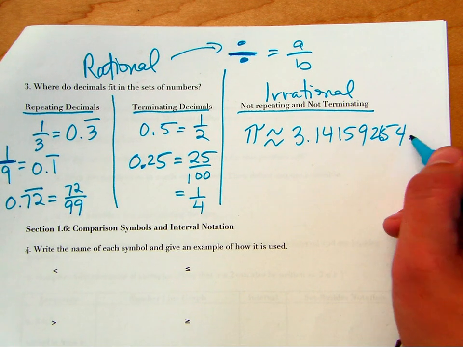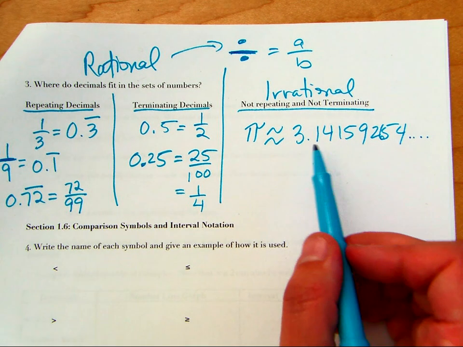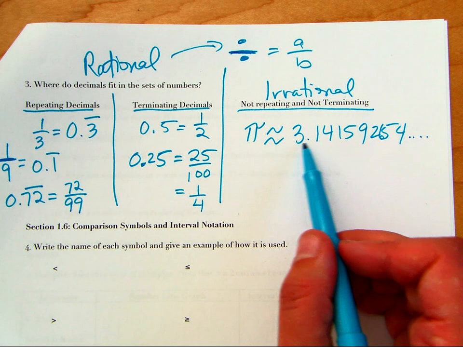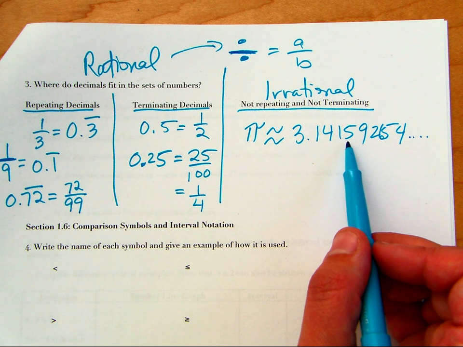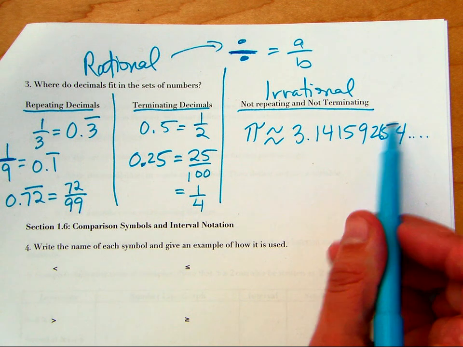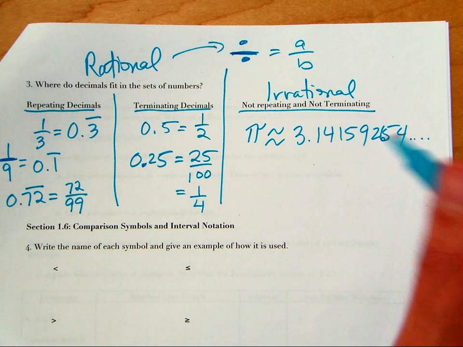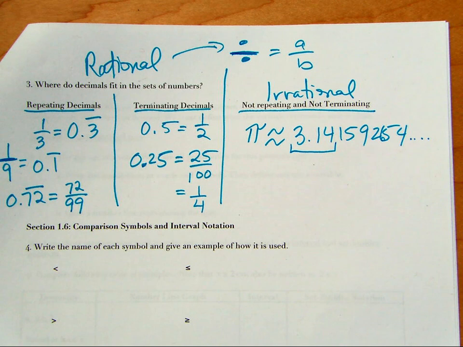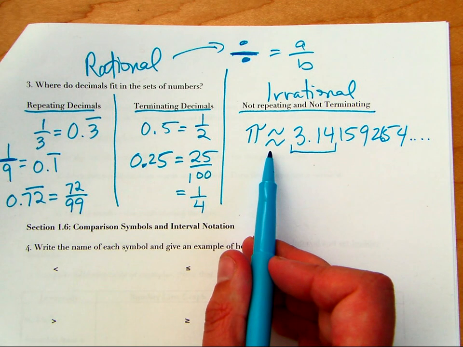I actually remember this because back in 2015, they said it was an epic pi day. March 14th, 2015 at 9:26 a.m. and 54 seconds. And that 4 is actually rounded. But if you press pi on your calculator, a lot of people use 3.14. That's not really accurate. That's an approximation. That's why we use the wavy equal sign for approximate.